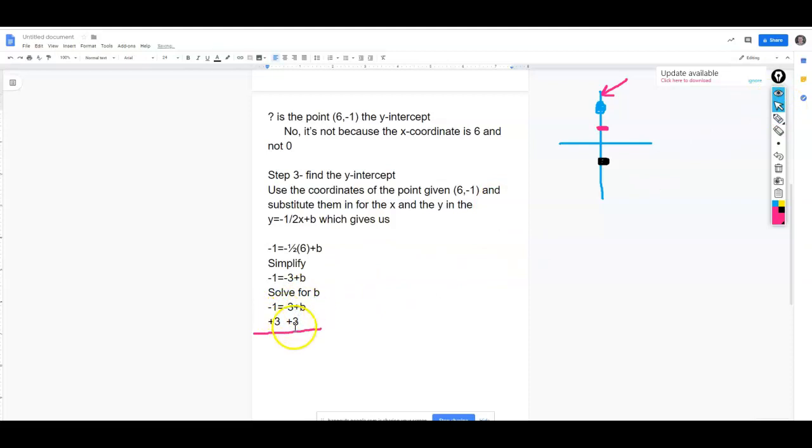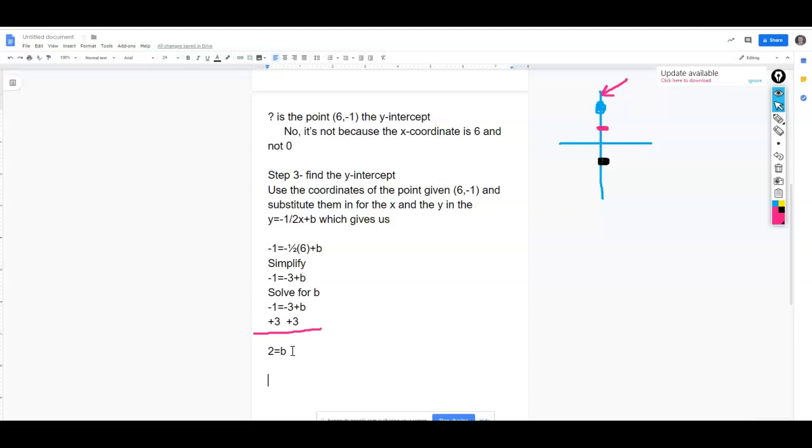So -1 plus 3 gives us 2. And that equals -3 plus 3 is 0. And then we have plus b, and 0 plus b is more often just written as b. So you with us there?